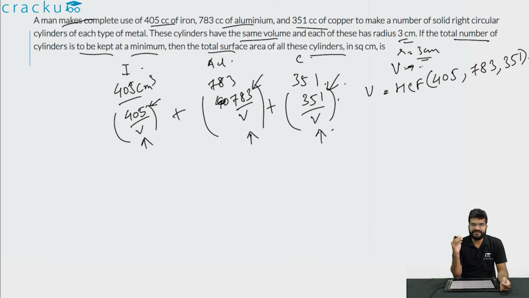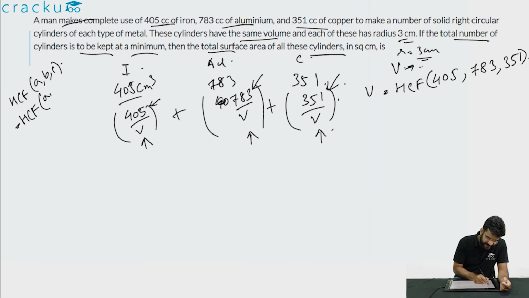Now if you are given three numbers and you have to find their highest common factor, there is one small trick you can use. The HCF of three numbers A, B and C will be the HCF of A minus B, B and C. You can choose any two numbers A and B. If you find their difference, the HCF should also be a factor of the difference.